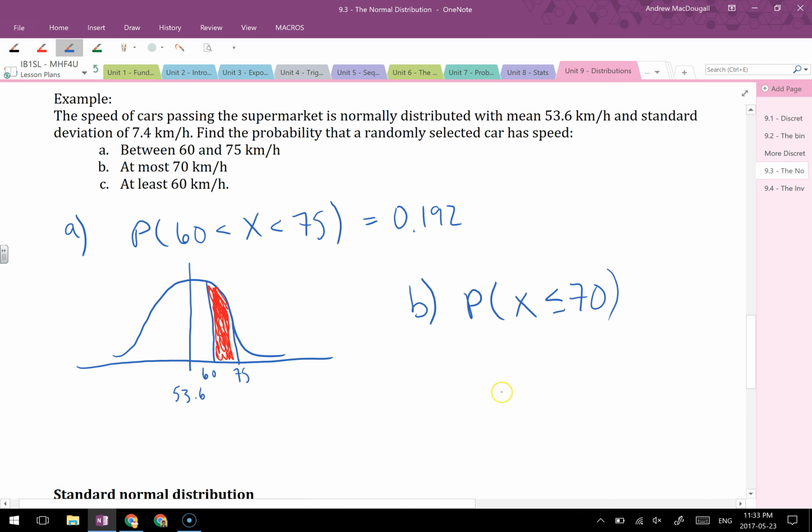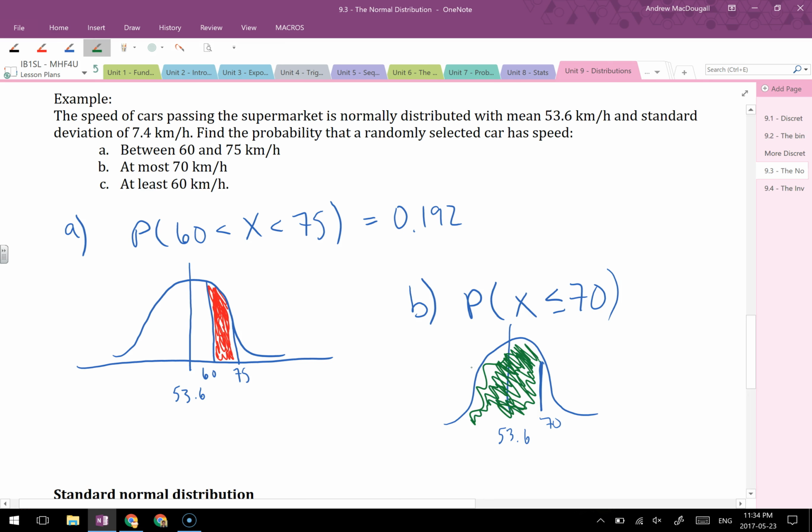Now I can plug that into my calculator. For the picture, if the average is 53.6, we want everything to the left of 70, and we want this whole area. I'm doing a poor job of shading, but that's okay.